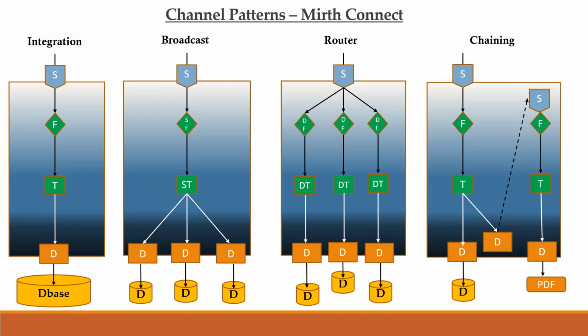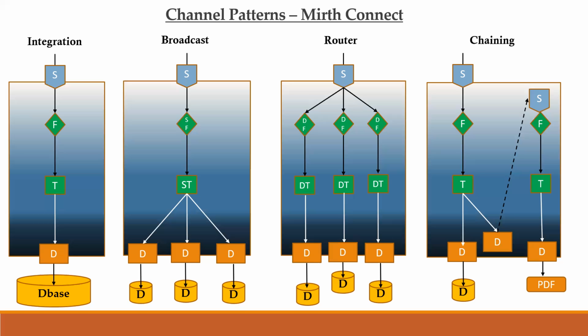These are not the only ones that we have. You can have a lot of other patterns as well. I'm just giving you an idea at a very broad level on what types of patterns can be created within Mirth Connect.